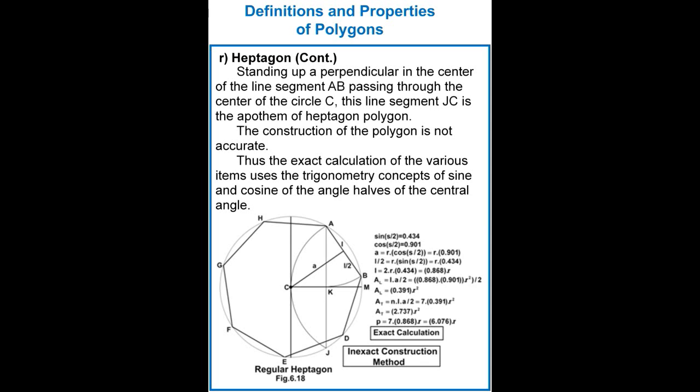As the construction method is not accurate, it is necessary to use the sine and cosine values of the half of the center angle, that is 360 divided by 14, to calculate the exact values of the bottom and other entities.